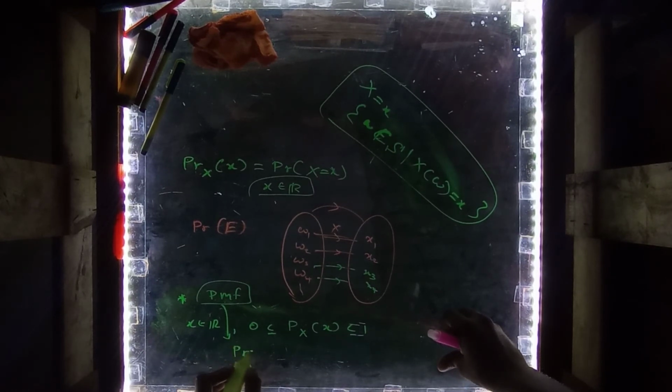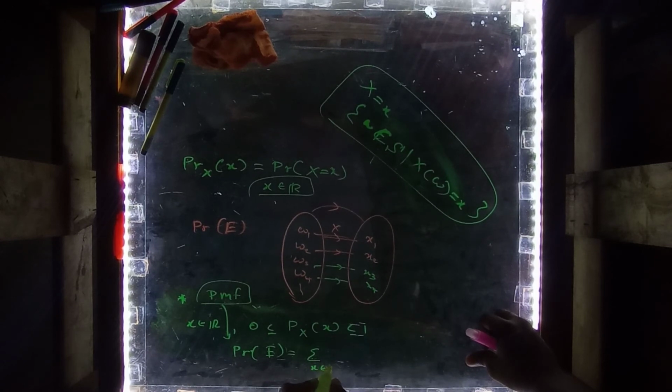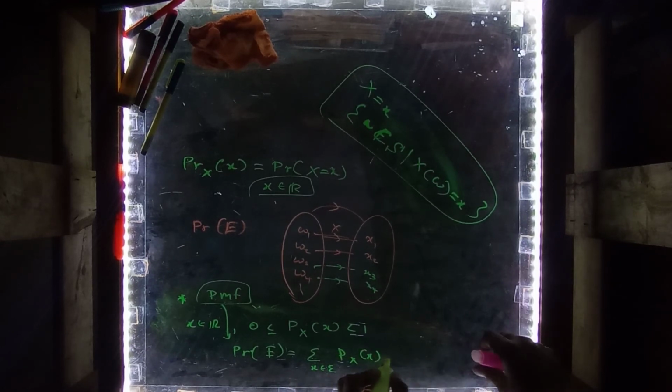All the values are from 0 to 1. All probabilities can be denoted with a summation over every element of the induced sample space, and this should be equal to 1, otherwise it cannot be defined as a PMF.